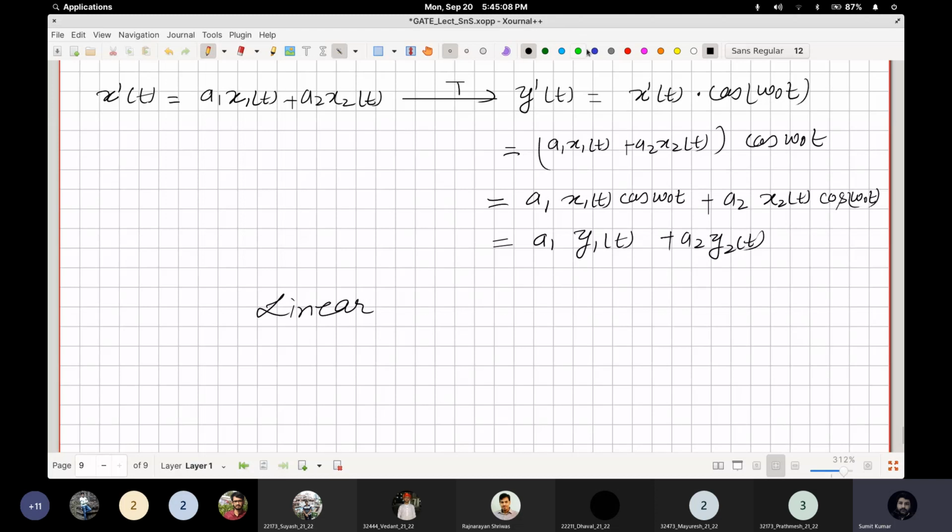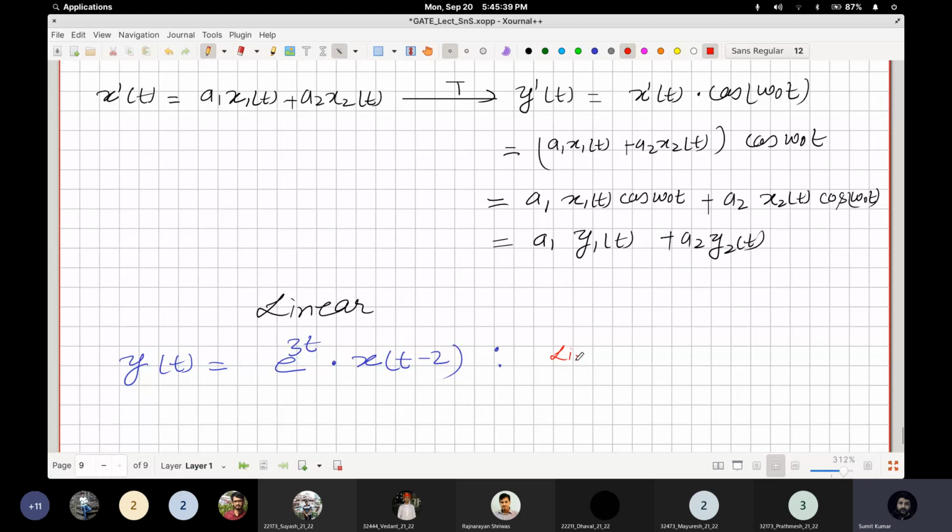So based on just this example, can you tell me whether y t is equal to e to the power 3t times x of t minus 2 is linear or not? Whether this system is linear or not. Can you tell me based on this example? Linear, sir.